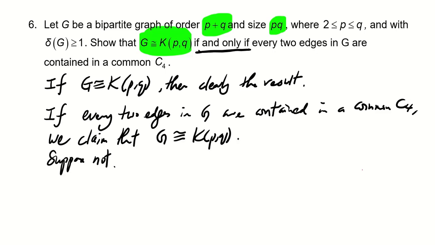Suppose not. If not true, then there exist u and v such that u and v are not adjacent.